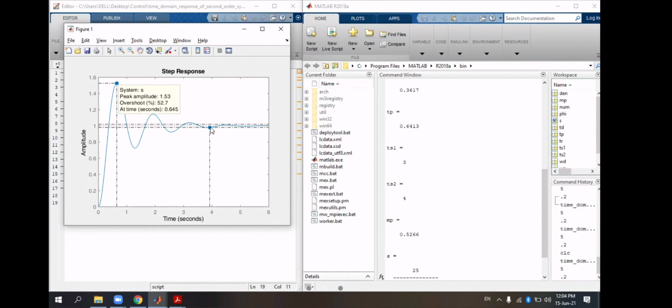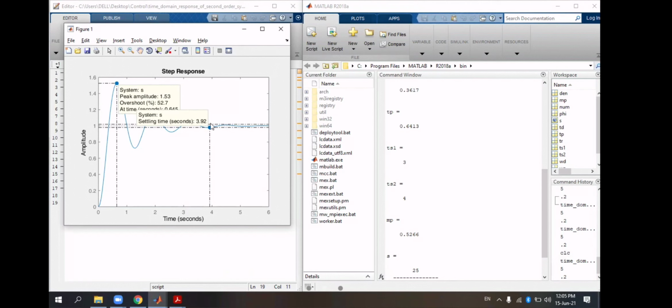Settling time is 3.92. We have Ts1 and Ts2: Ts1 is for 5% tolerance and Ts2 is for 2% tolerance. They are giving the settling time for 2% tolerance, so it comes to nearly 4, and our calculation is also 4.